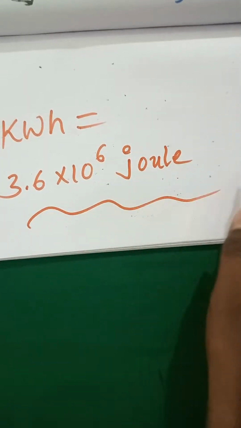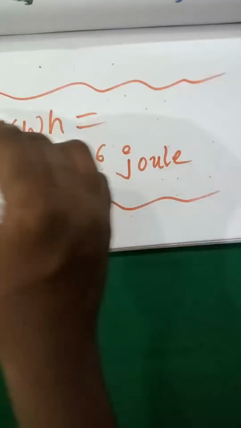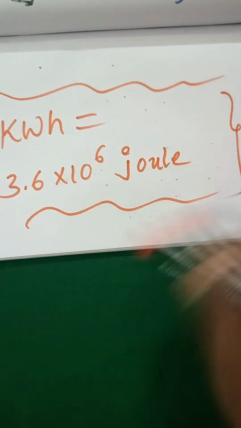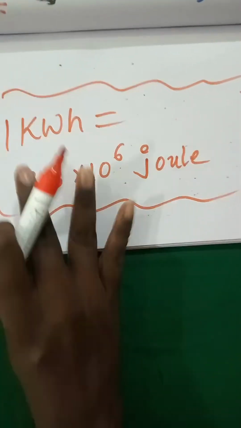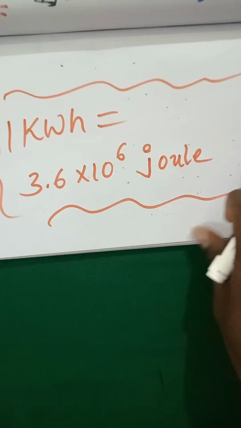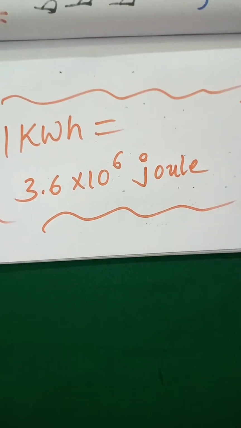Very important, so make a note of it. It can come for 1 mark. 1 kilowatt hour equals 3.6 into 10 power 6 joule.